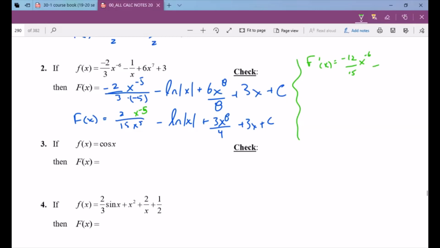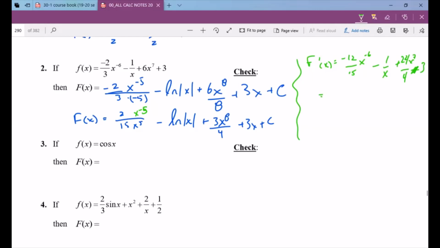Minus, so the derivative of ln x is 1 over x. The derivative of 3x to the 8 over 4 is plus 24 x to the 7 over 4. And the derivative of plus 3x is just plus 3. And then the c goes away.